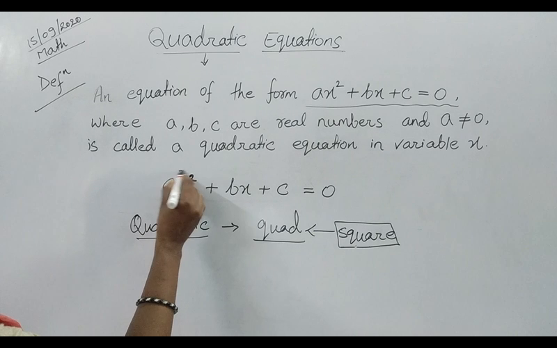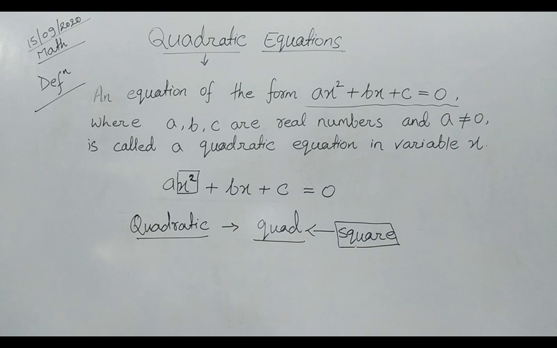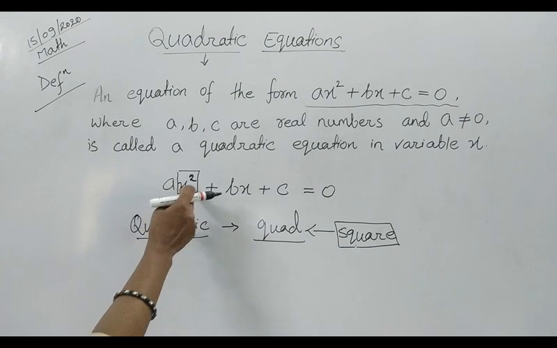And here we have taken the maximum power of the variable in this quadratic polynomial as 2, and it is read as x square.